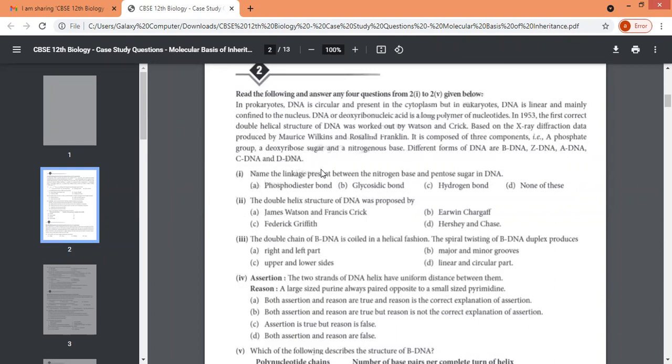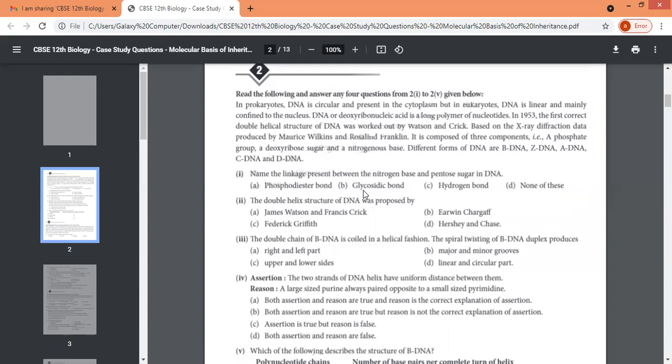The first one is: in prokaryotes, DNA is circular and present in the cytoplasm, but in eukaryotes, DNA is linear and mainly confined to the nucleus. As you know, plasmid condition. DNA, or deoxyribonucleic acid, is a long polymer of nucleotides.